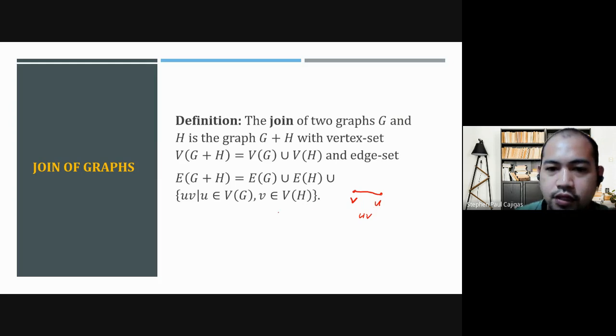Anyway, it's commutative. So the vertex U will be coming from G, and then we connect it to the vertices of H. Basically, we are creating new edges by connecting all the vertices of graph G to the vertices of graph H. So that we will have a better understanding of this, let's have some examples.